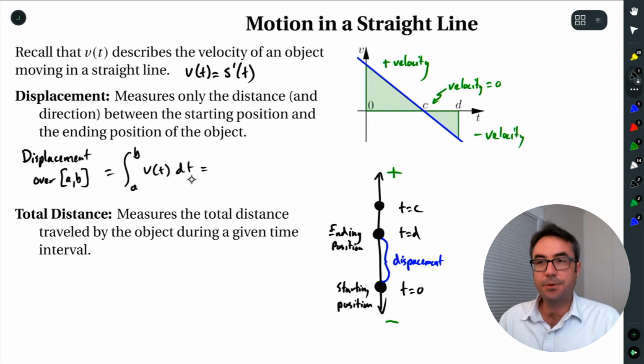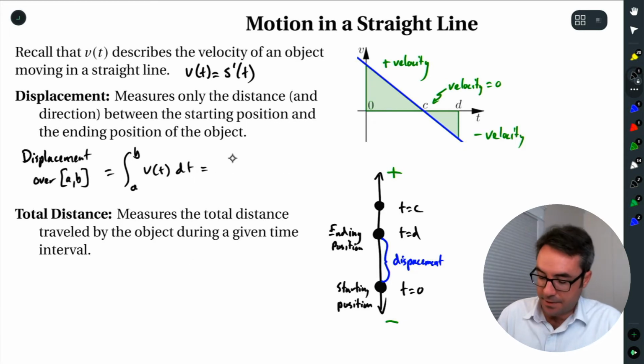Really what we're doing with displacement is measuring the distance that we travel in the positive direction, and subtracting off the distance that we travel in the negative direction.